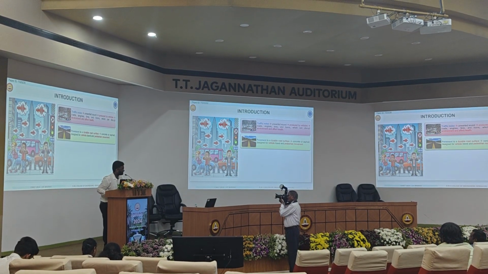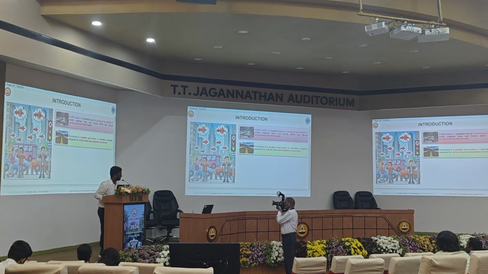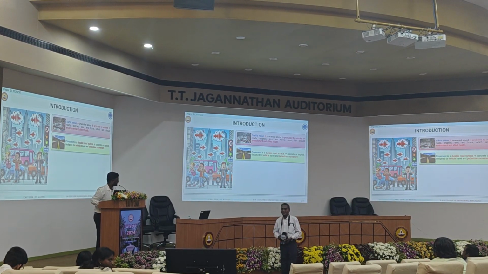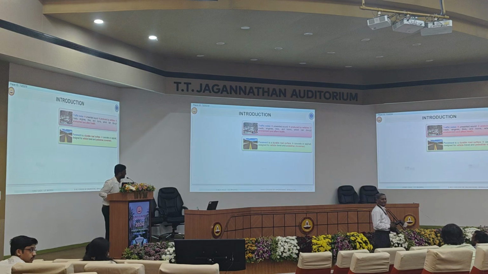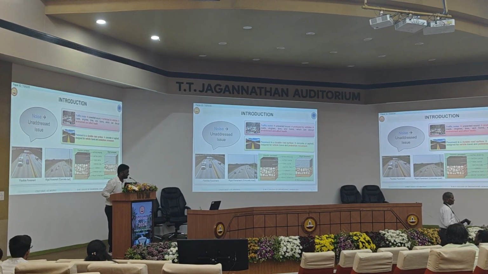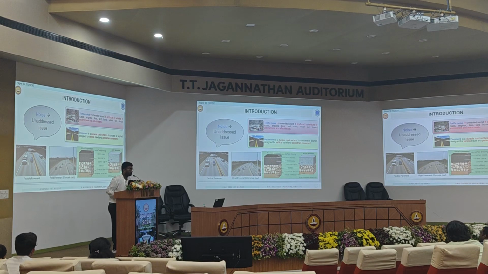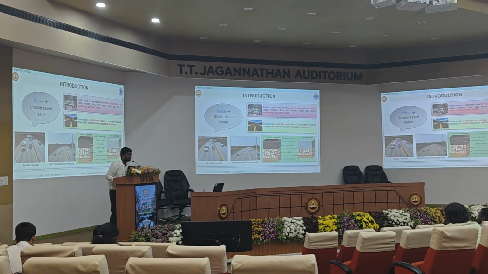And talking about the pavement, pavement is a durable road surface, or we call it a path where we walk. It can be made up of concrete as well as asphalt, and it is designed for vehicle as well as pedestrian movement. A lot of research has taken place on how to simulate and design the traffic and how to model the traffic.